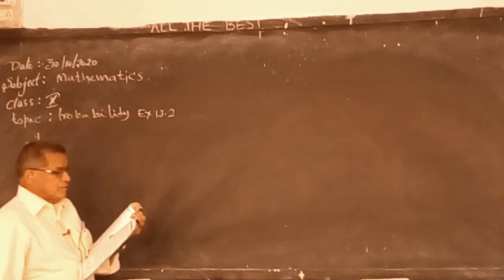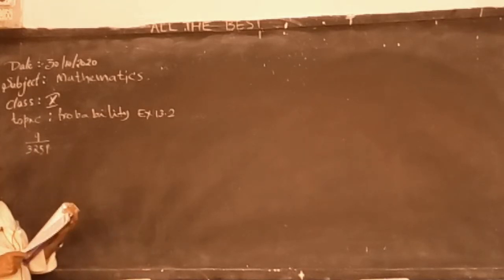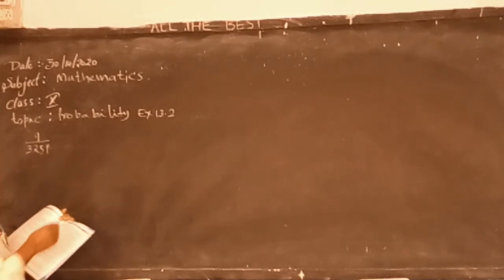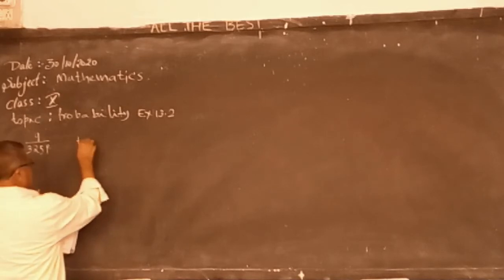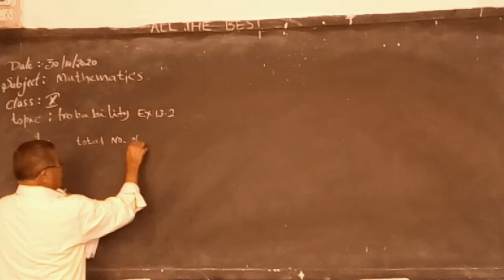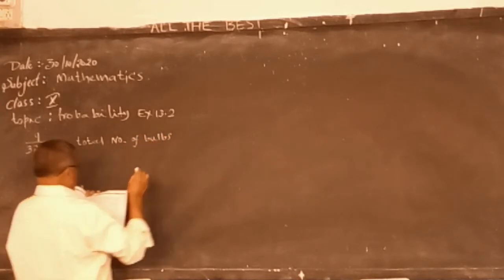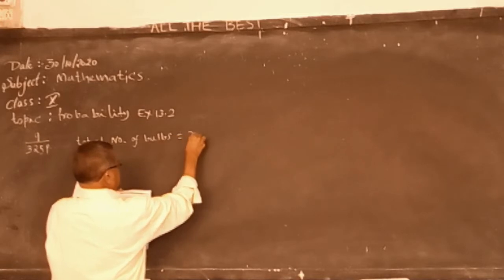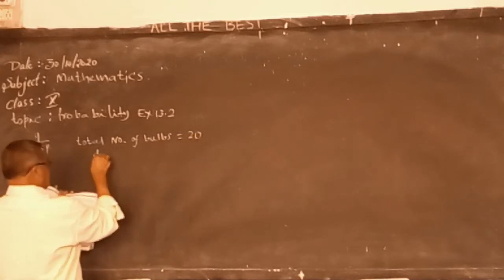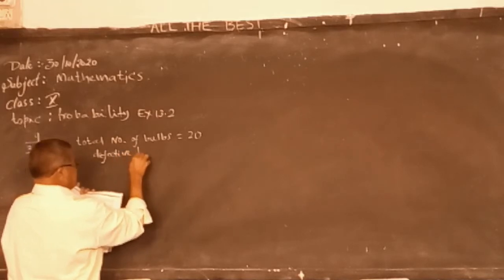A lot of 20 bulbs contains 4 defective ones. Total number of bulbs is 20.